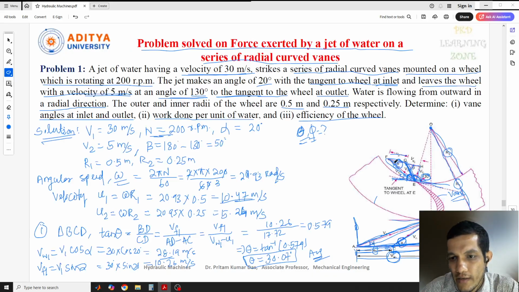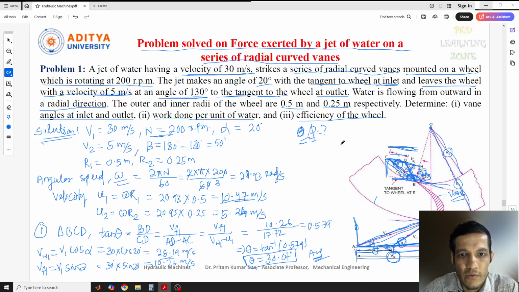If you see this part, this is the VR2, if I resolve this component in the horizontal direction and vertical direction, vertical direction means this one will be there, and horizontal direction means this side. So this vertical direction is the same VF2, you can see here, and this is our total relative velocity component in terms of the direction of wind. So that one I can write U2 plus VW2, the total horizontal one.